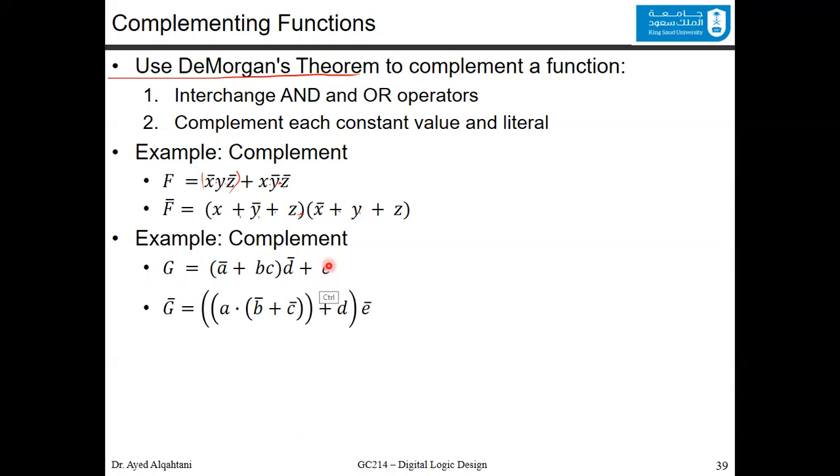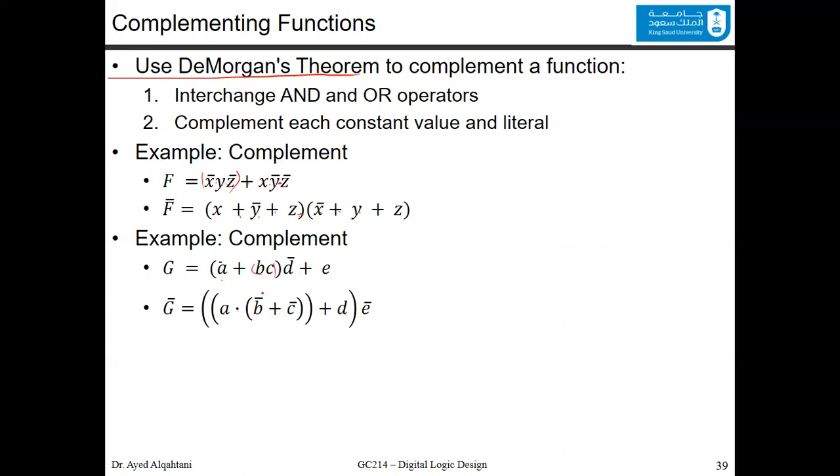Another example is this one here. If you have G, as you can see here, the complement is the A bar is going to be A, the OR is going to be AND, the B is going to be B bar, the AND between them is the OR, the C is going to be C bar.